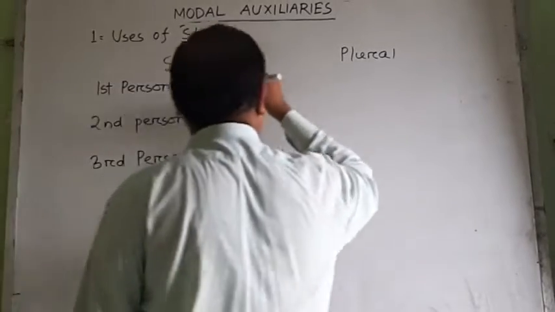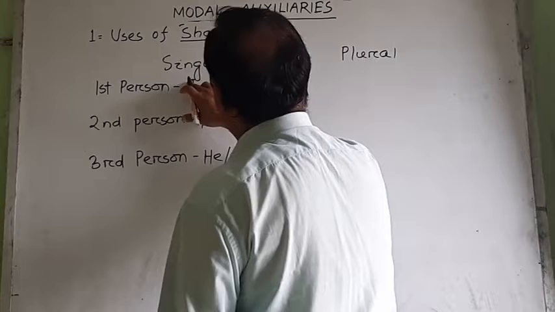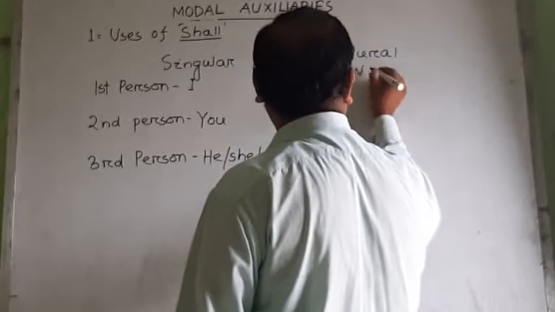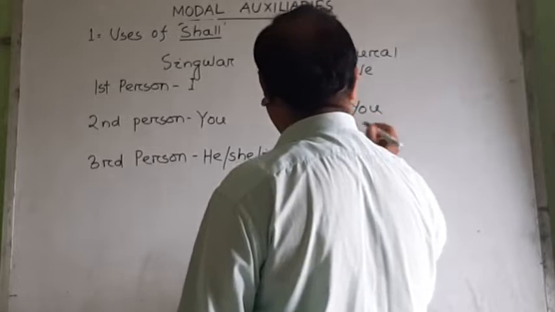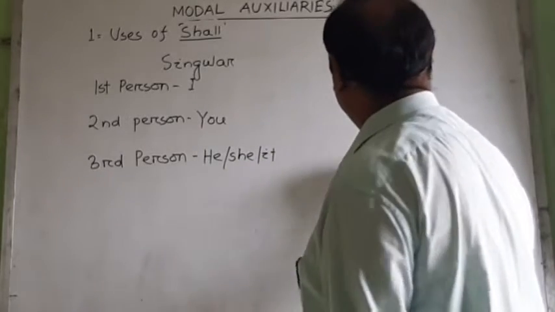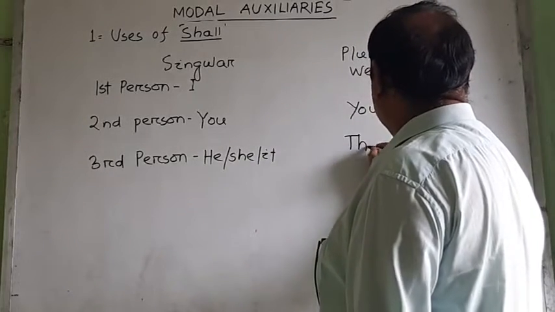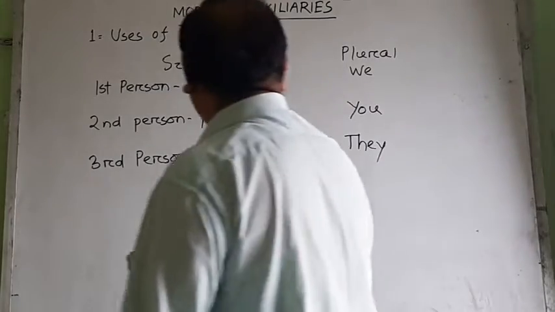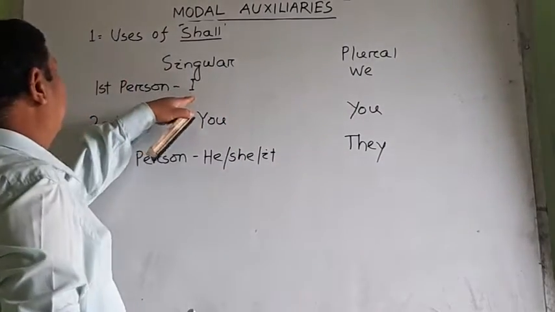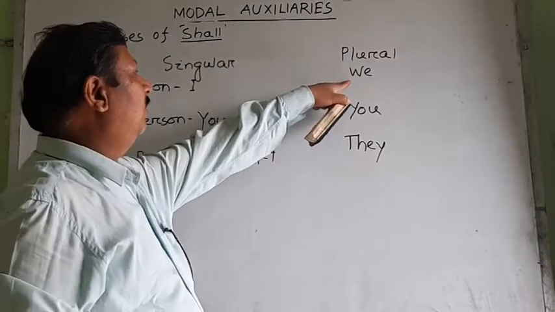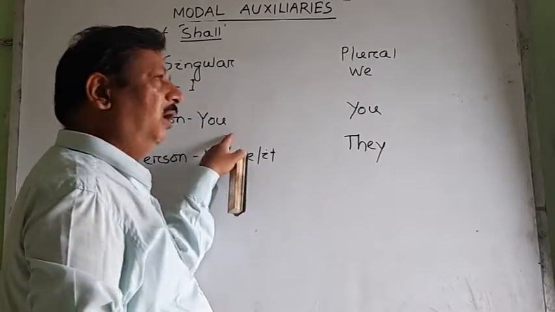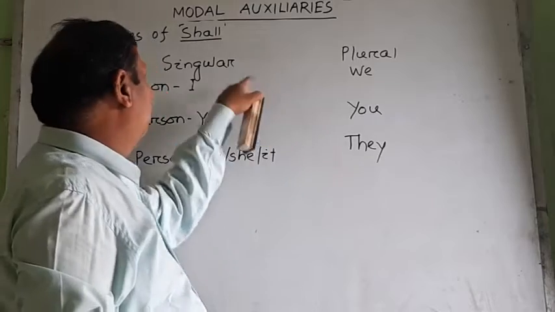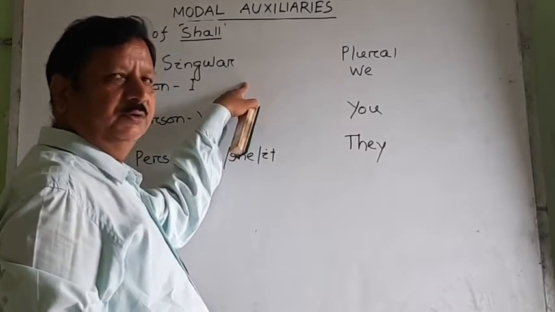In case of plural, the plural of I is we, the plural of you is you, and the plural of he, she, it becomes they. So these are the usual persons that we know. I is the first person singular, we is the first person plural. And similarly, these are all the singular and plural forms of personal pronouns.